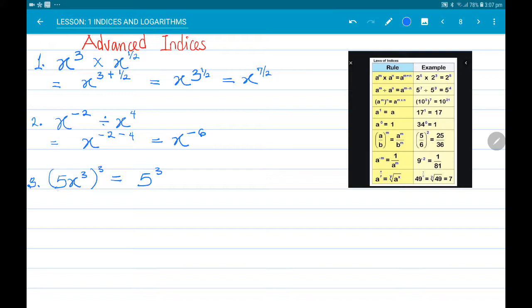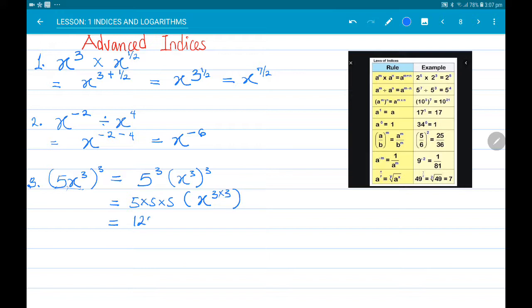Okay, let's have example 3. What about if you have 5x squared or x cubed, as the case may be, to the power of 3? This is going to be equal to 5 raised to the power 3. Now, this is what will happen. You are going to address this as different entities, 5 separately and x separately.